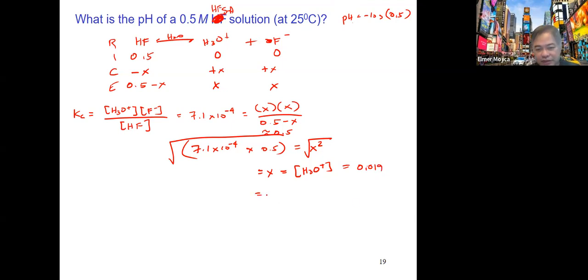Now, what is negative log 0.019 equal to? Maybe gawin na natin 0.50 to, just in case. So this is equal to what? 1.72.